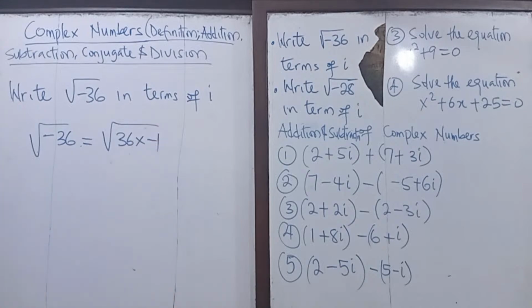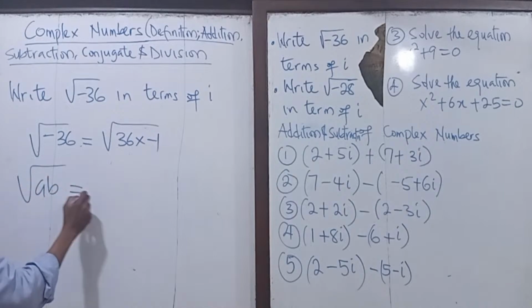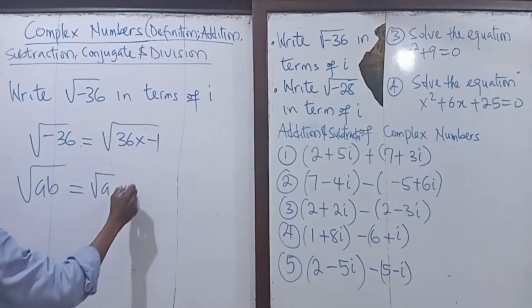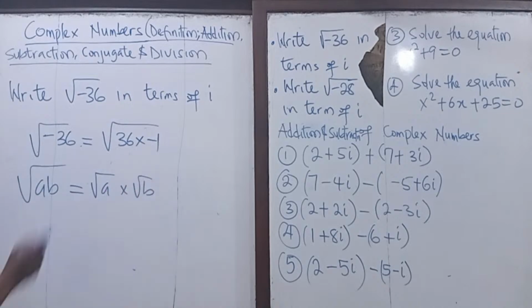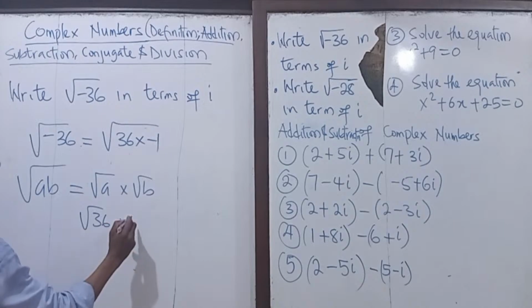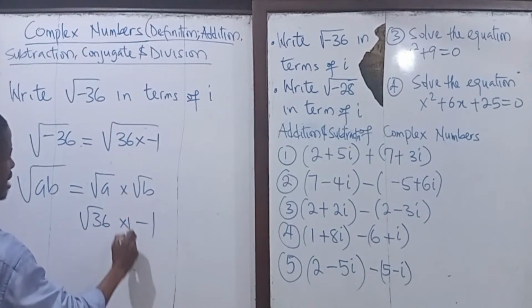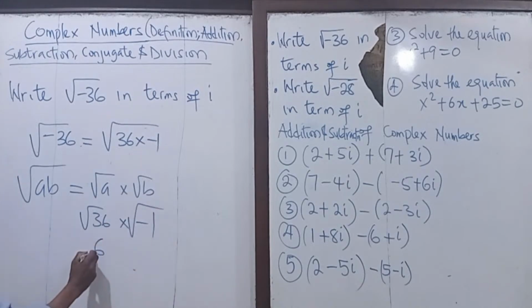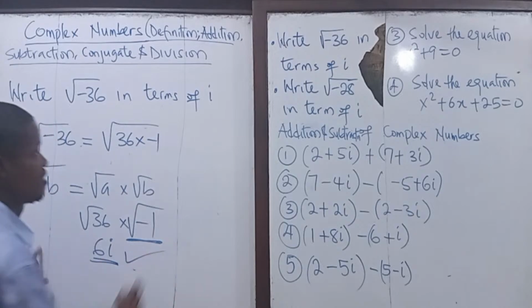According to the rule, root of a times b is equal to root a times root b. So this will be root 36 times root -1, and that will be 6 times i.